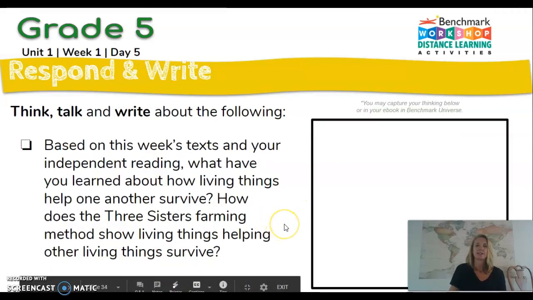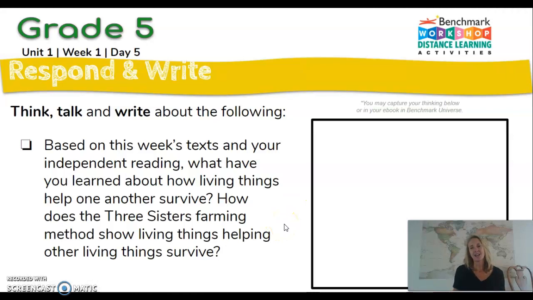All right, and then our last piece for today is also a question. And it's just based on this week's text and your independent reading. What have you learned about how living things help one another survive? This is directly connected to our science that we'll be doing next week and our study on partners in survival.